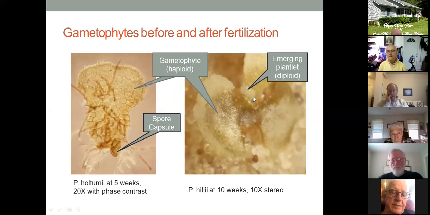And just barely emerging from this gametophyte is what's called the sporophyte. This is the diploid plant that will grow into the mature plant that we would see hanging up in a tree somewhere in the tropics.